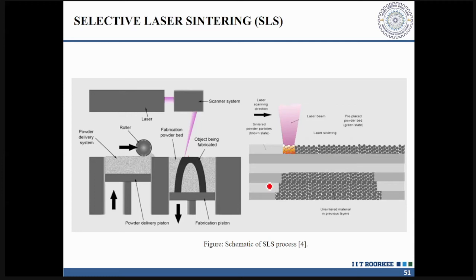If I have to create this particular dome-shaped object, I have to first spread a very thin layer of the powder onto the bed, selectively sinter it, move my bed in the downward direction, then do the second sintering, third sintering, fourth sintering, stacking these layers one over the other till this particular part is fabricated.